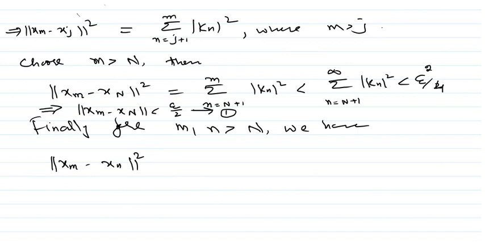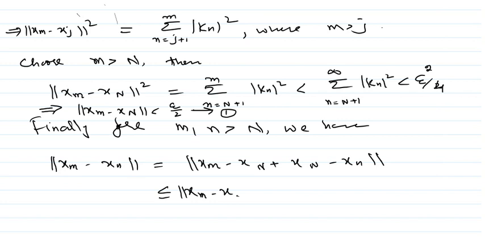Actually I want to apply the triangle inequality, that's why I'm doing this. This is equal to norm of xm minus xN plus xN minus xn. Let's apply triangle inequality. It's less or equal to norm of xm minus xN plus norm of xn minus xN.